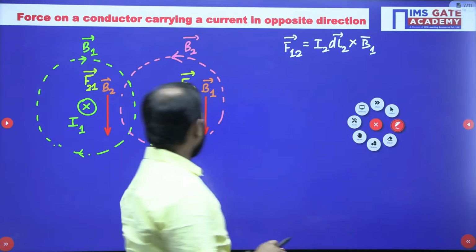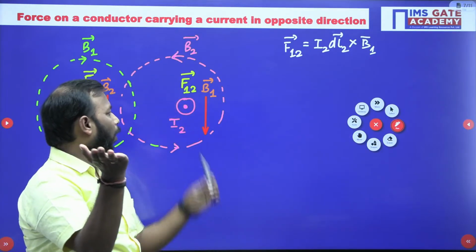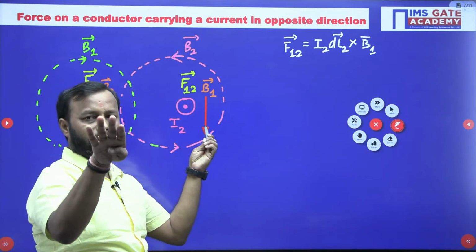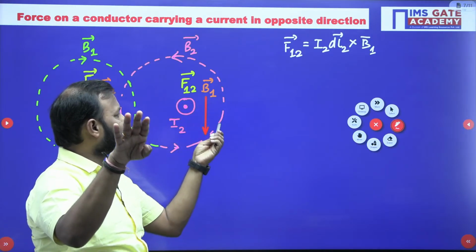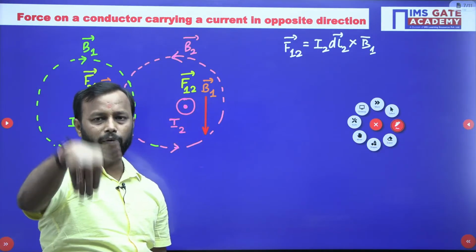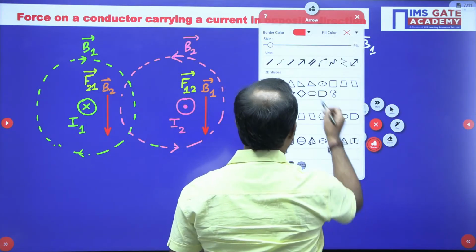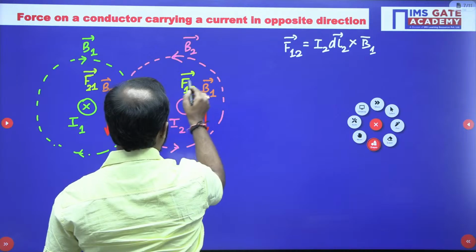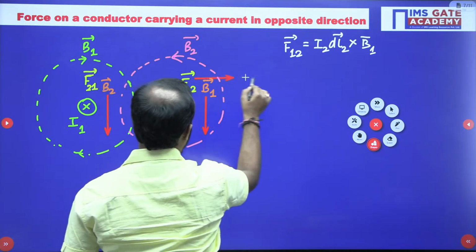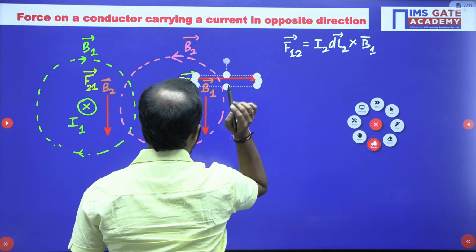Okay, so I2 ΔL2 is outside. Point your forefinger in the direction of magnetic field, which is downward. B1 is downward, right? So F12 is which side? It will be towards right hand side. So what is its direction? This is its direction.